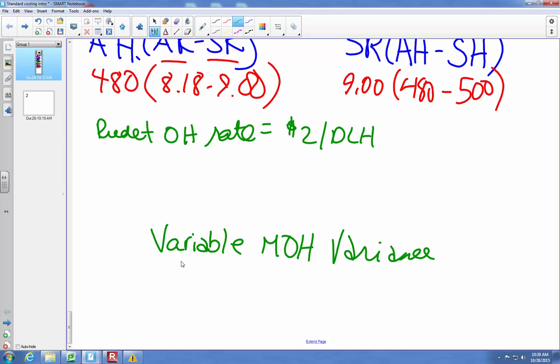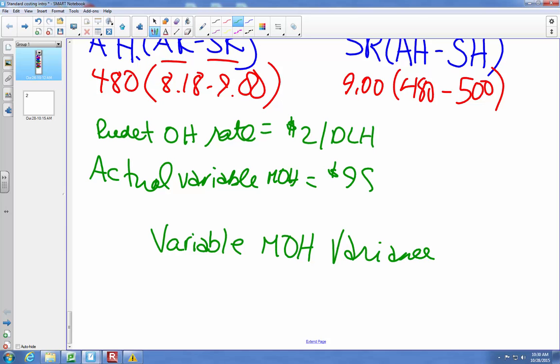Did everybody write down all that data in their notes? My actual variable overhead was $980. And the formulas look exactly like direct labor, don't they? So when you get to the book, is it AH and SH for the variable overhead?